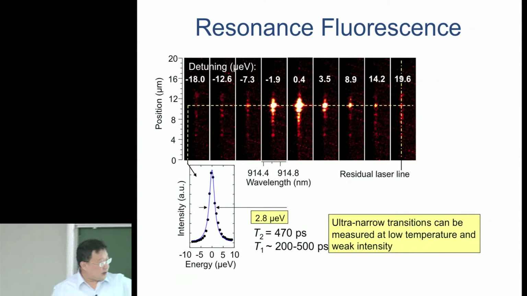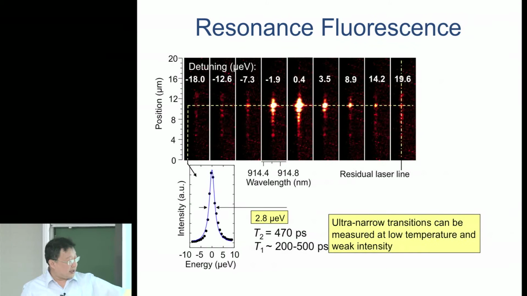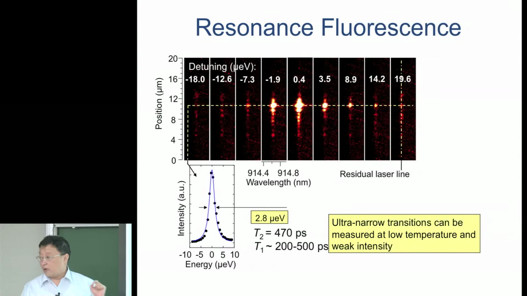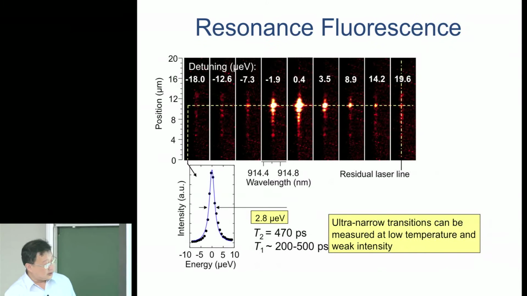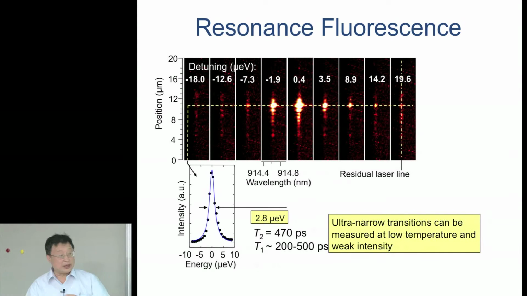And so from that, we ended up knowing how sharp this quantum dot is. It has 2.8 micro eV, and now we even have things right around 1 micro eV. So 2.8 micro eV means the T2 time is right around this. And the T1, for this particular quantum dot, we didn't measure directly, but we looked at a lot of other quantum dots.